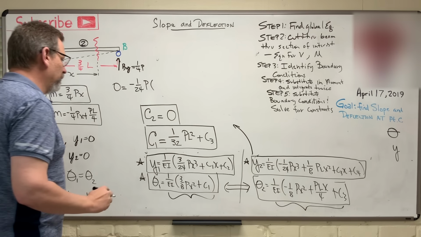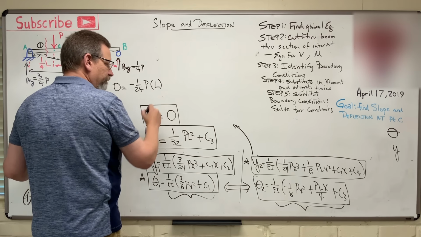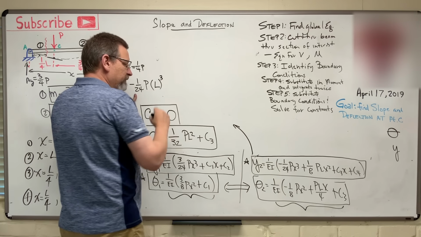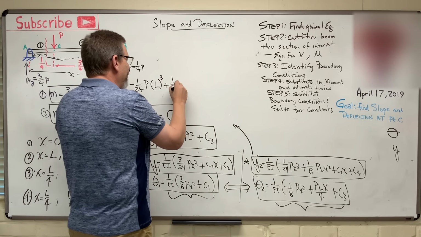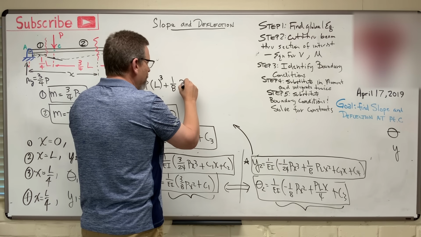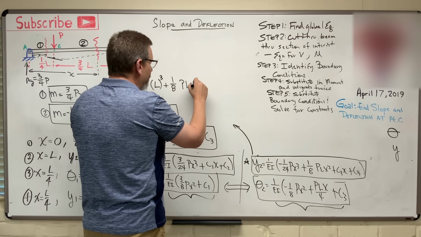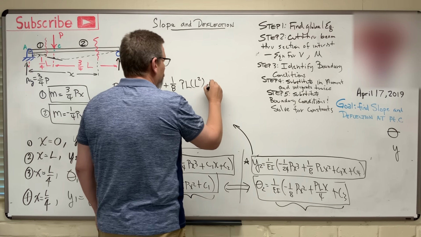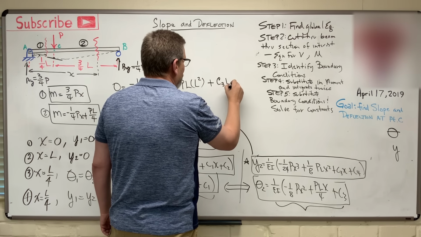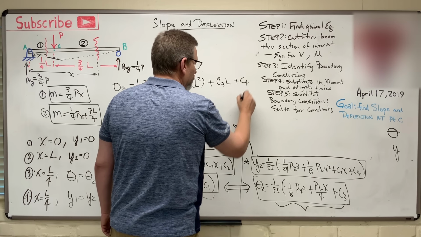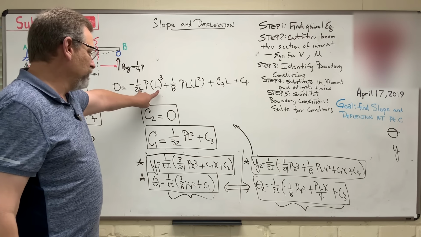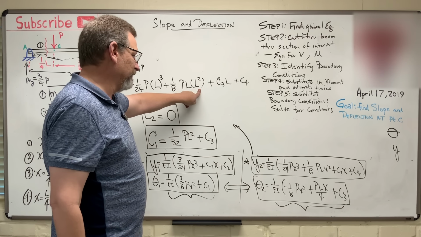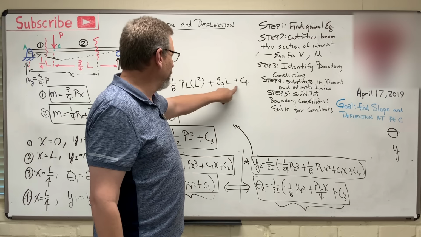X equals L. So L cubed, right? 1/24 PL cubed plus 1/8 PL, and then times L squared, and then plus C3 times L plus C4. Is that right? 1/24, plugged it in, 1/8, positive, plugged it in, C3, plugged it in, and then there's that.